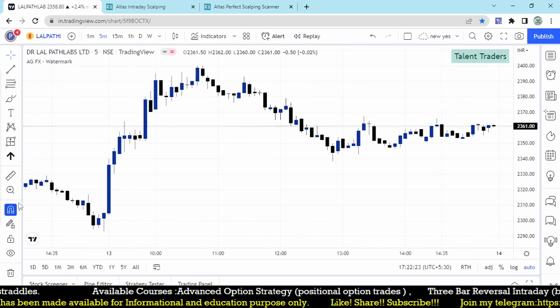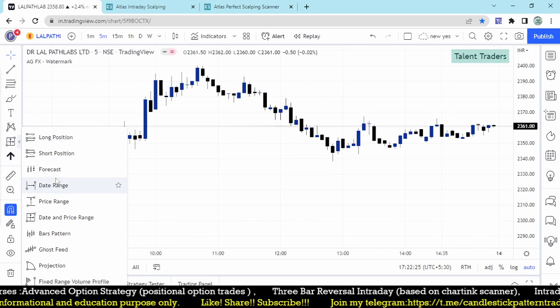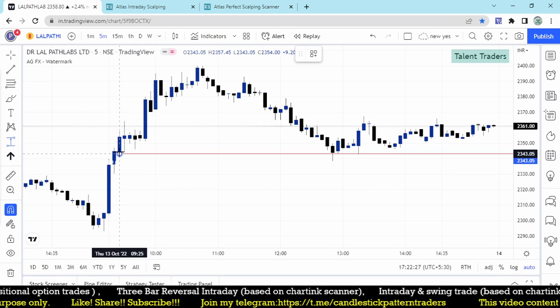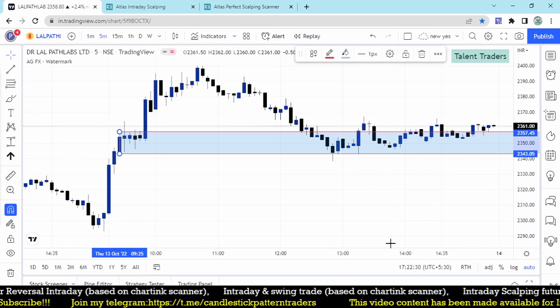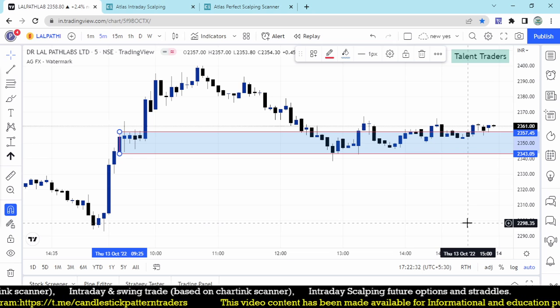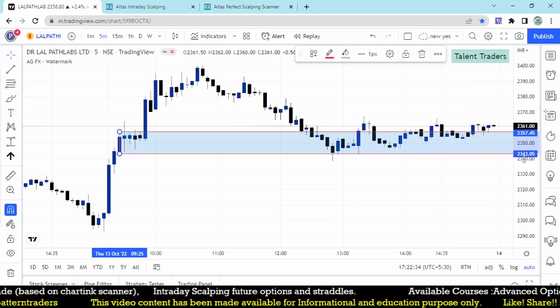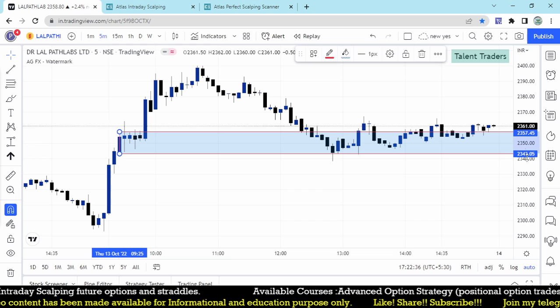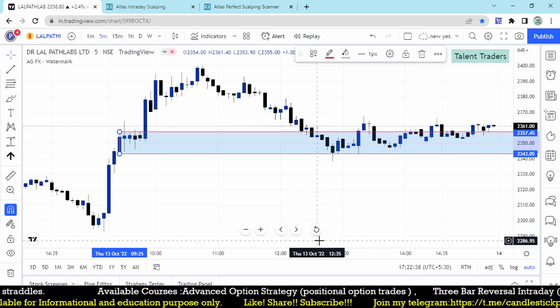The entry point we are going to take on that stock is the third candle, where the range is 2357 and 2343, almost 17 points.